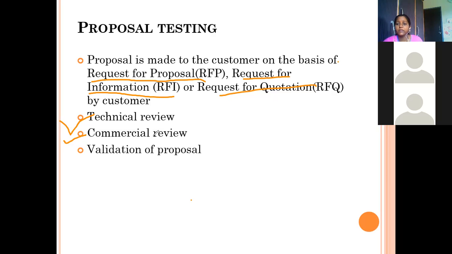So commercial review may stress on the gross margins of the project, and they will find the fund flow in terms of money going out and coming in to the development organization. So this comes under the commercial review.